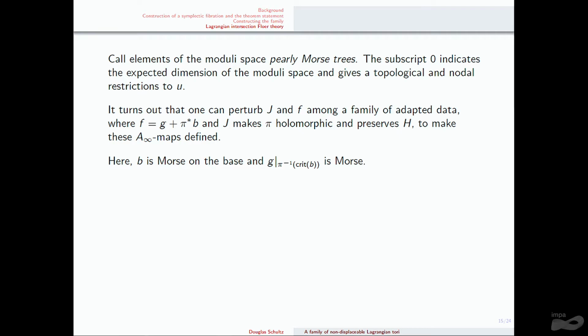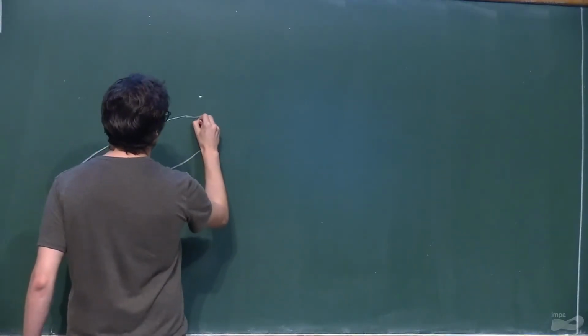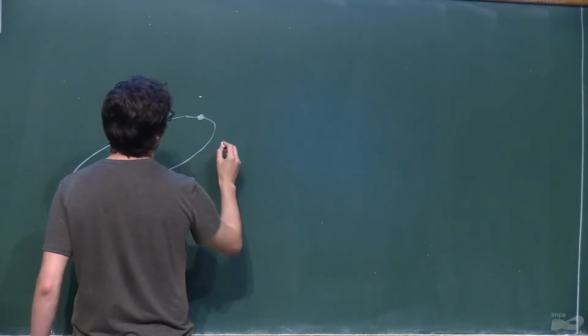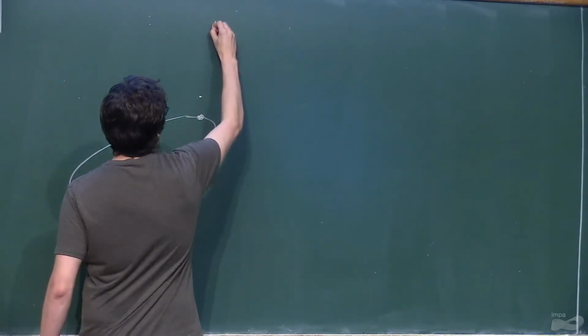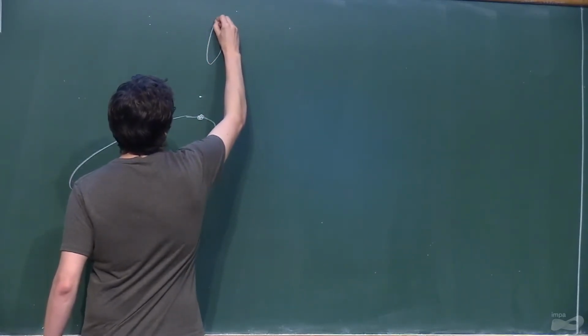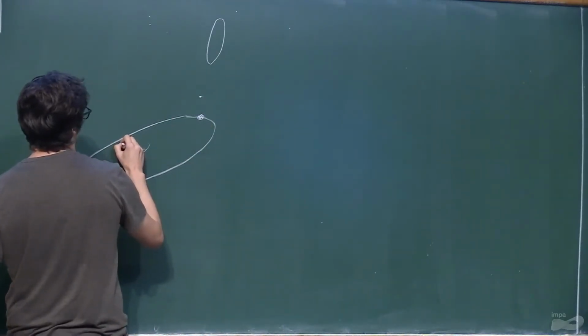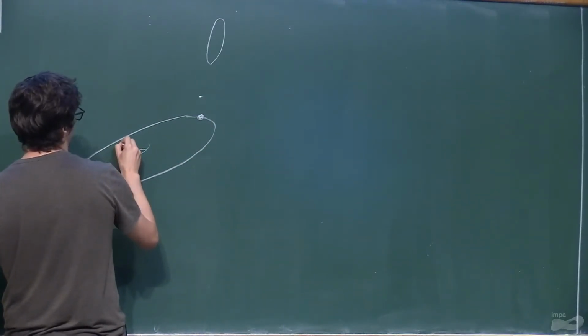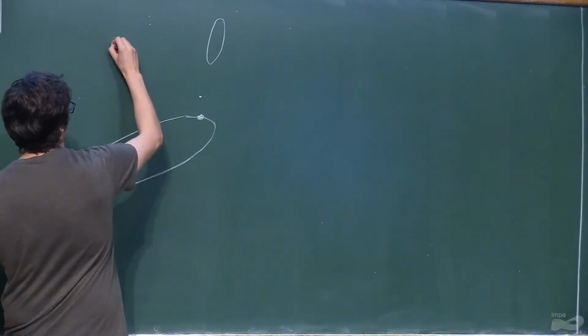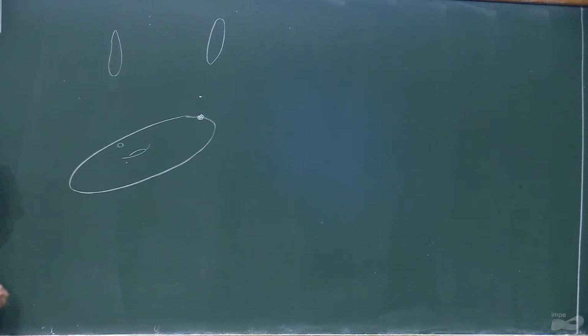Is that big enough? So here is a critical point of b, say. And then I'm thinking about, say, a circle up here. Maybe that's not a critical point, so I'll draw a circle instead. So that's also a circle. And then you can put some function g on the total space where you restrict to each of the critical fibers.